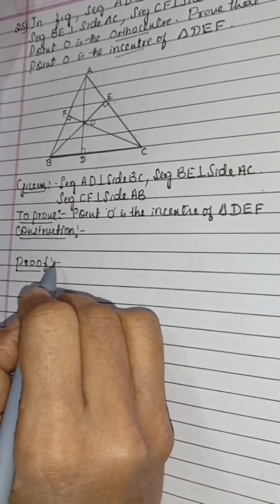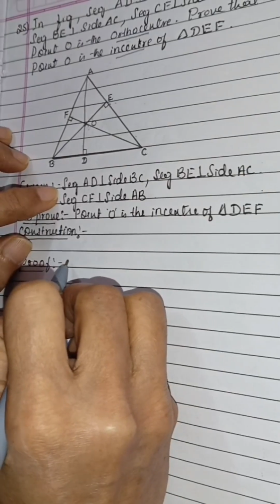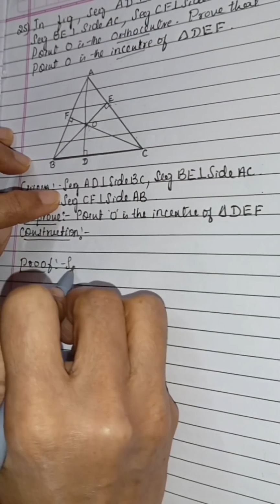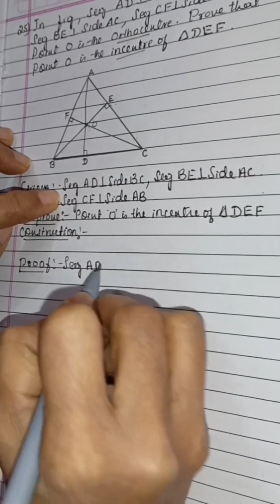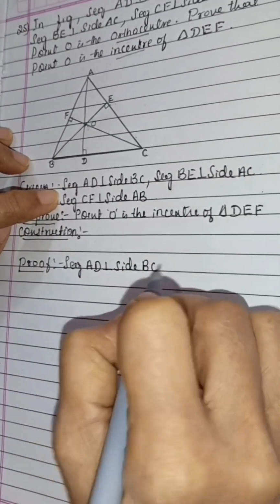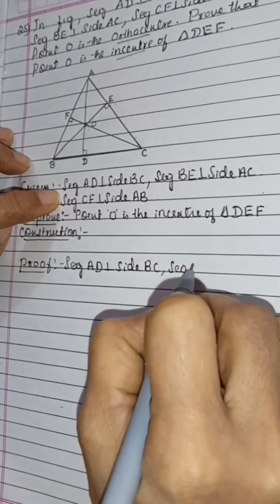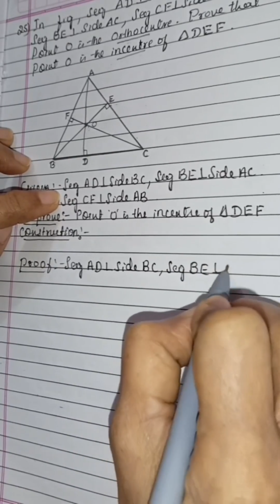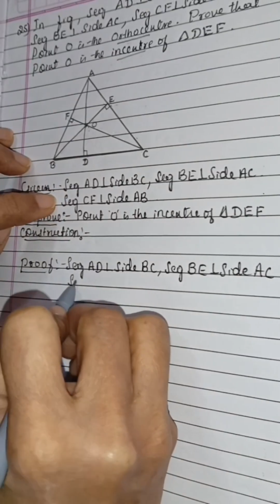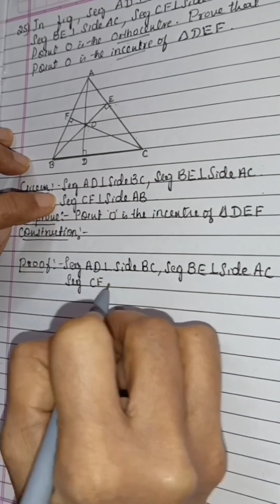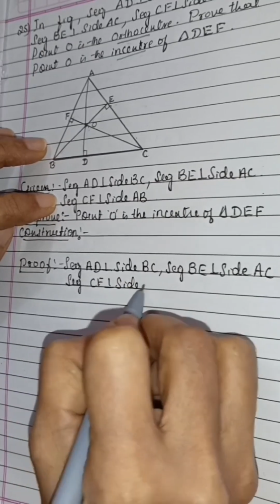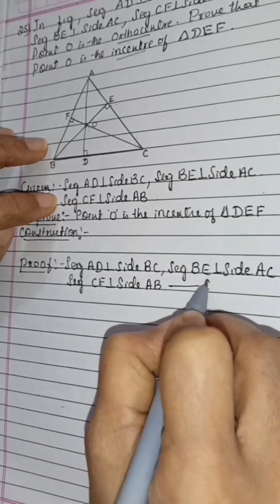For the proof also we'll write it here, because we need this throughout the problem. So first we write the given: segment AD perpendicular to side BC, then segment BE perpendicular to side AC, and segment CF perpendicular to side AB, and this is equation number 1.